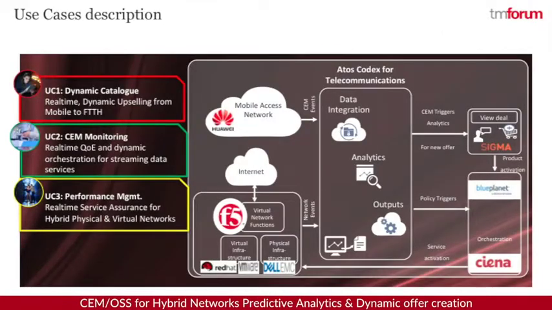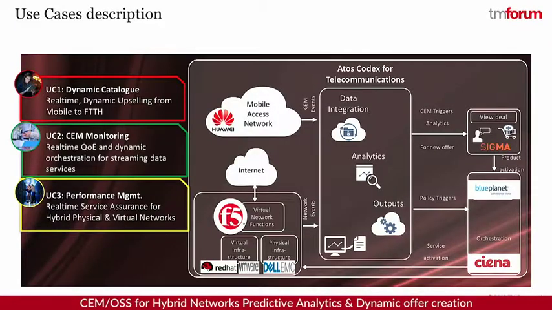With this architecture, we settled on and experimented with 3 different use cases to illustrate what telecom data analytics can provide and which functions can be improved. As I already mentioned, the first use case is about dynamic upselling from the 4G mobile network to the fiber optical offer.